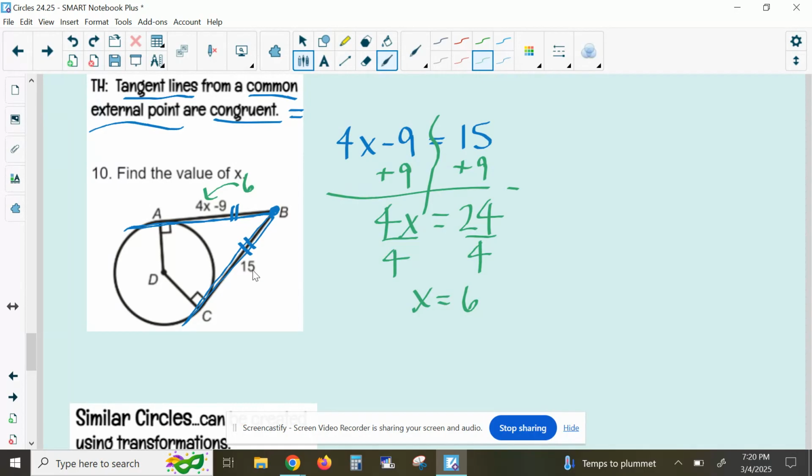Now here's the deal. You could have actually figured this out without this theorem, because take a look at this. What if I were to connect these? Between any two points exists only one line. This right here is a radius, and this is a radius, right? So that means this piece must be congruent to that piece, because they're both radii of the exact same circle. So if I take a look at this, I would have a right angle, correct?